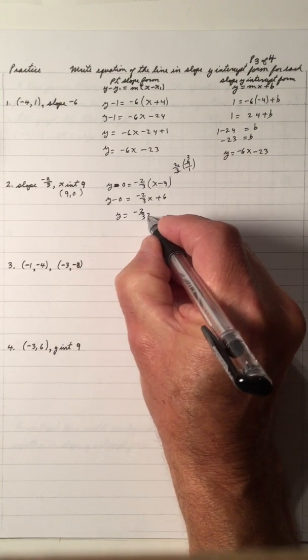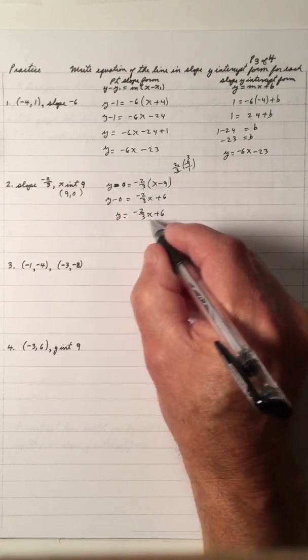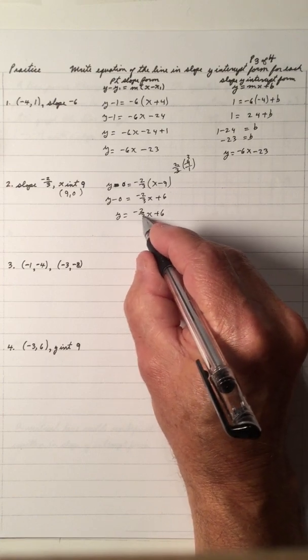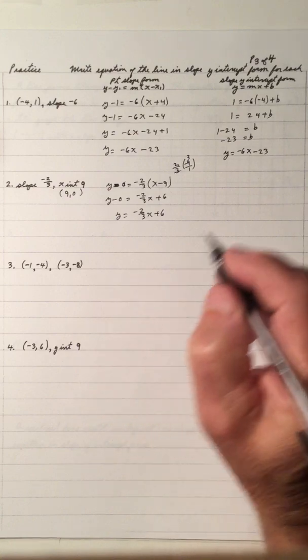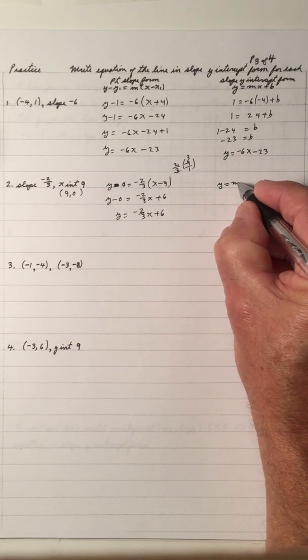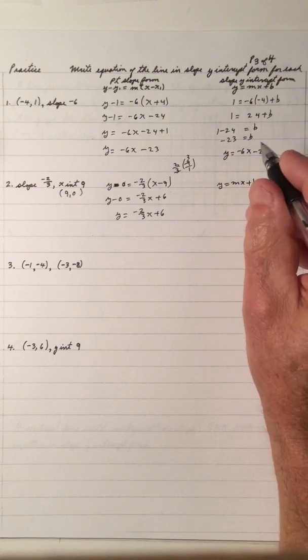Okay, so we have the point slope form converted to the slope y-intercept form. So the slope is negative 2/3, perfect. The y-intercept is 6. Or I plug it into y equals mx plus b directly. Reason?